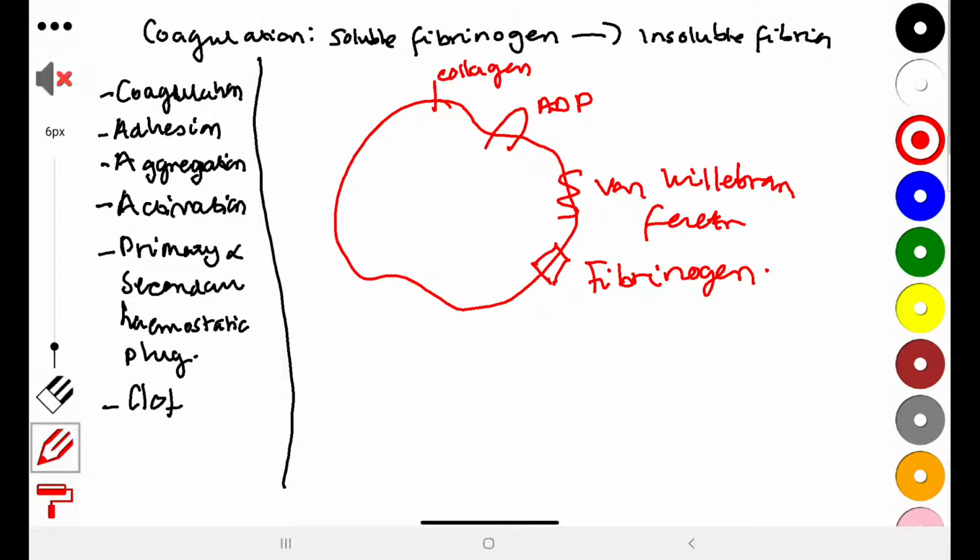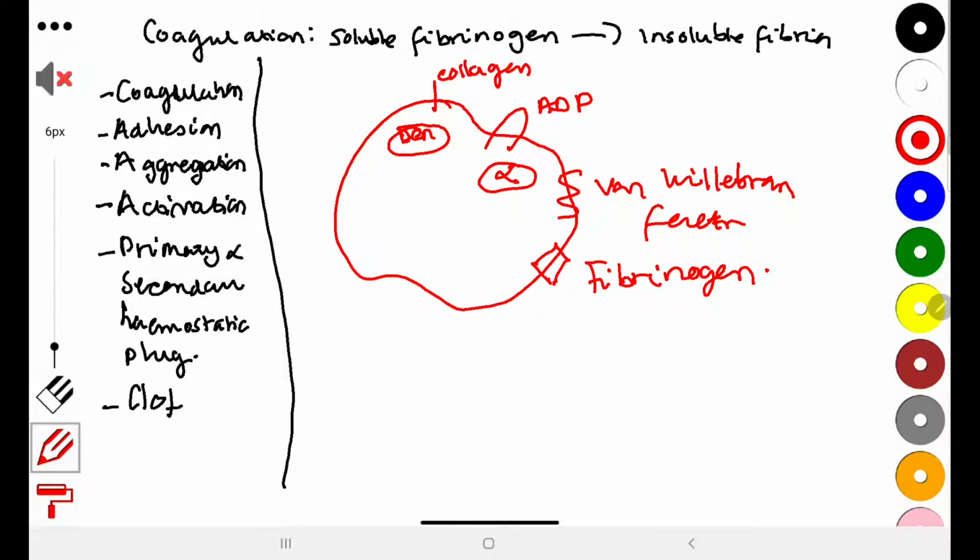Within the cytoplasm, apart from lysosomes, we have dense granules. We also have ADP and calcium, and several other factors. So we have the dense granules, and then there are the alpha granules.